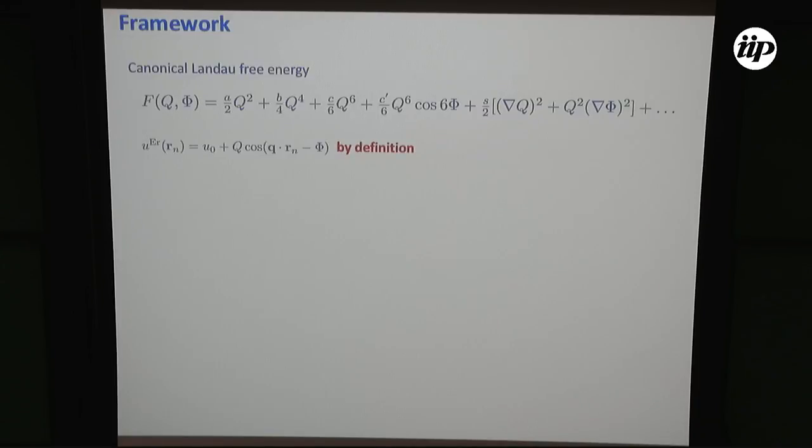They don't appear explicitly in this expression, but still we can compute the coefficients of this free energy, for example, from ab initio calculations. What we need to do is to impose this type of distortion, and then to compute the change in energy of the system according to this. But we need to let all the rest of the degrees of freedom relax and find the state of equilibrium.